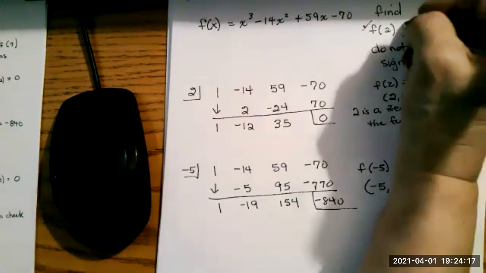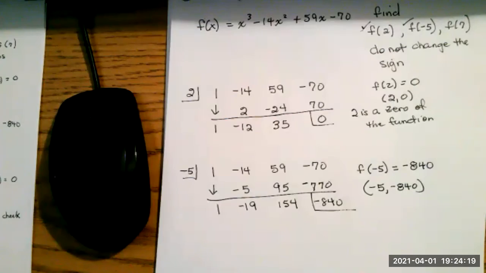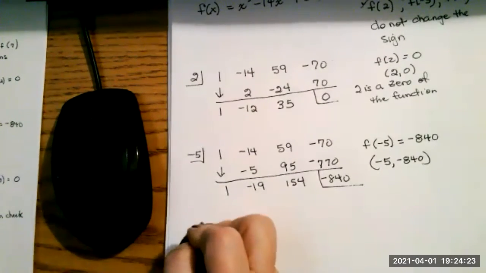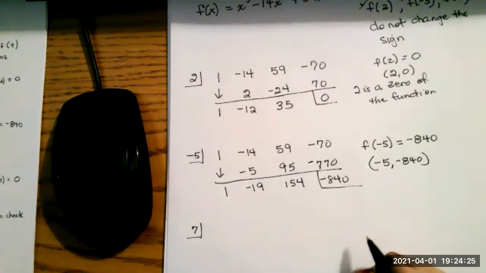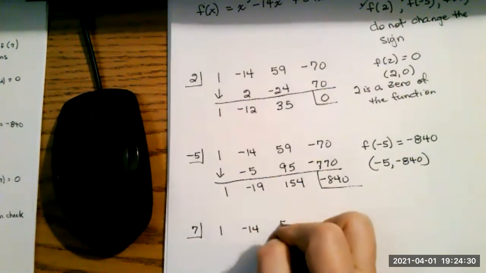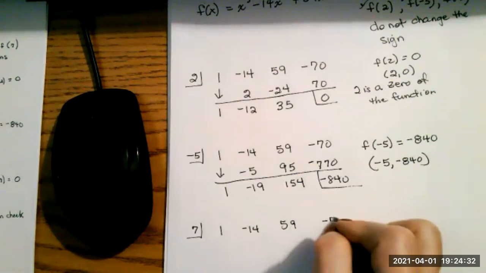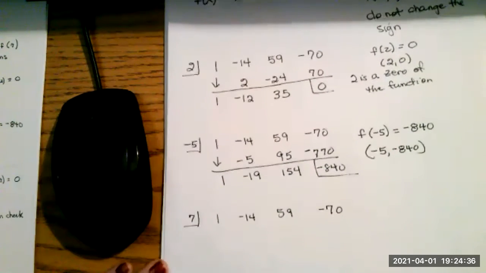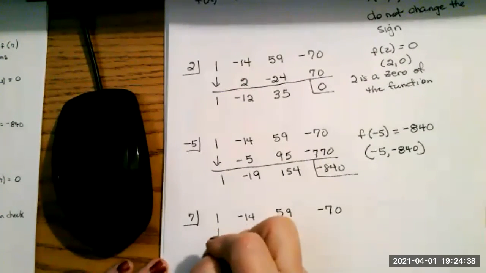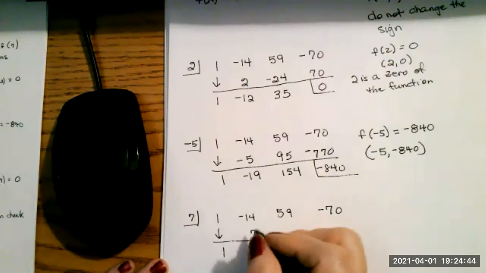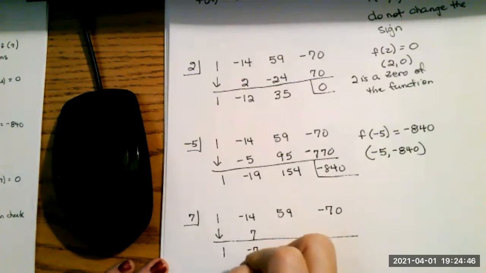And I've done that one. Now I've got to do f of 7. Notice I'm not changing the sign because it's not in that binomial form. 1, negative 14, 59, negative 70. Okay, you can bring it down. And 1 times 7 is 7, which gives you a negative 7.